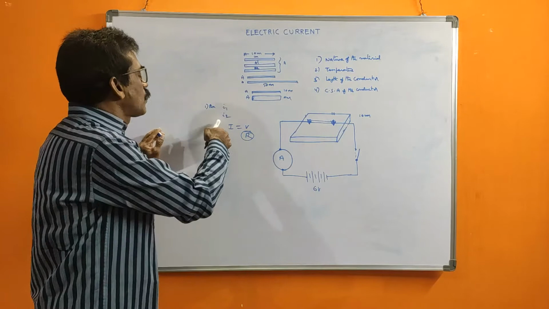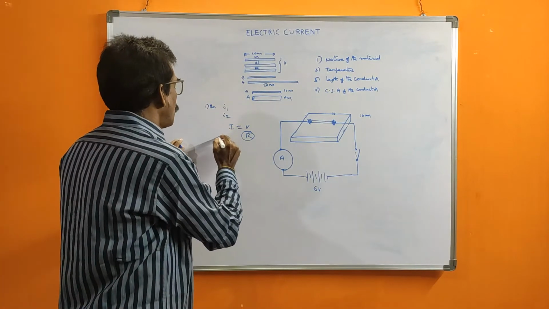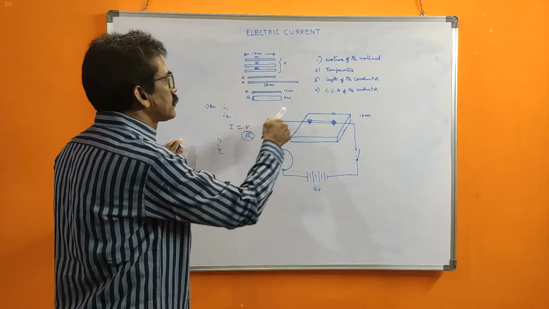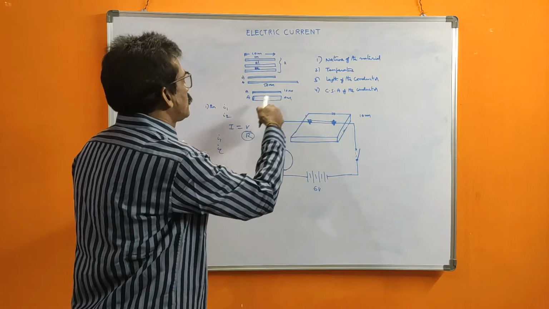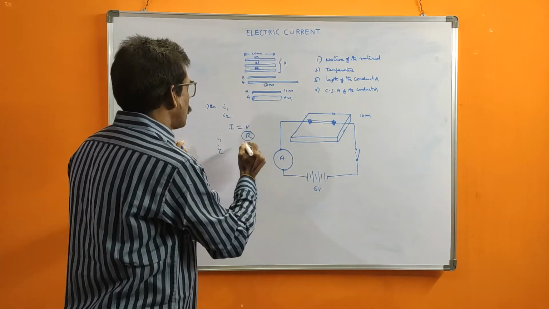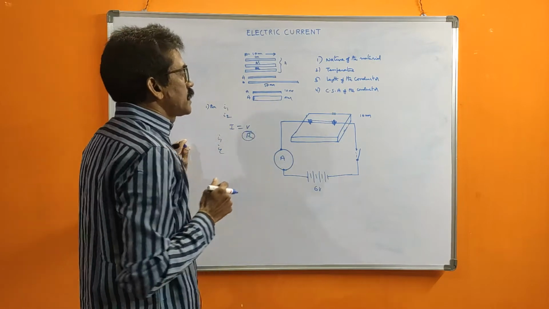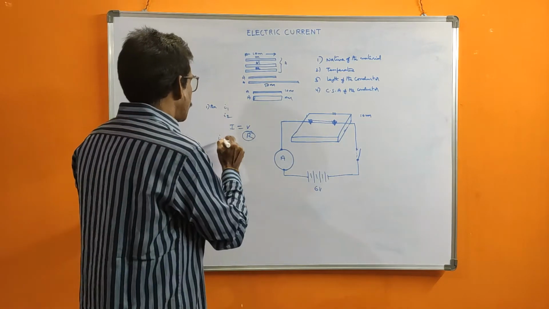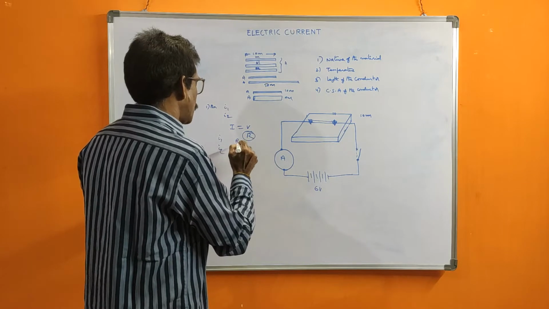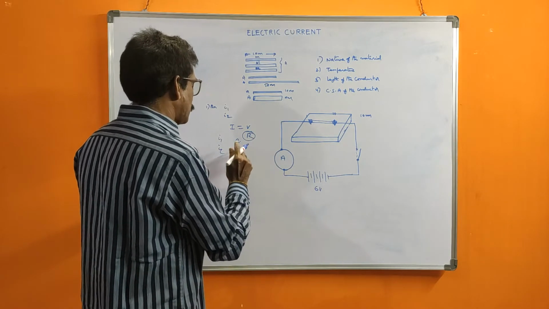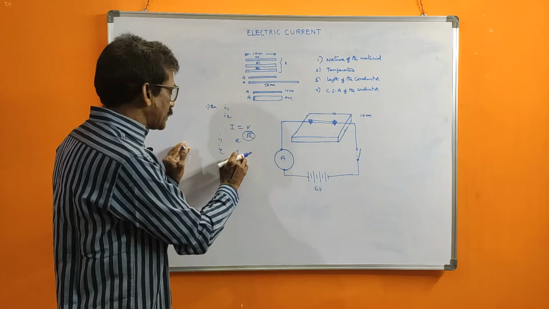In this case, suppose first case and second case: the first case is thin, the second case is thick. What I told, the resistance is inversely proportional to the area. Thick means less resistance, thin means more resistance. Less resistance means more current.